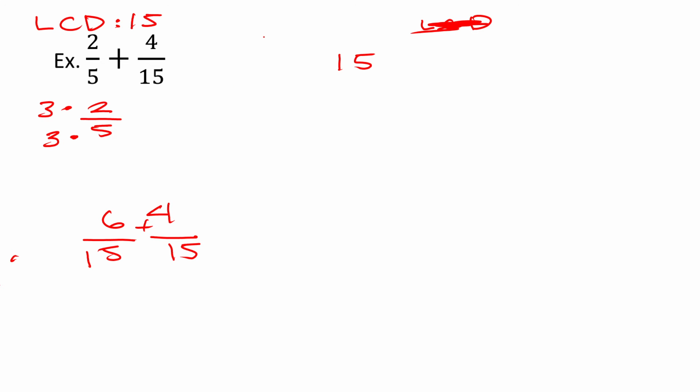Why can we leave 4 over 15 alone, but 2 over 5, we need to change it? Well, that's because 2 over 5 does not have a denominator of 15. So we need to change the fraction.